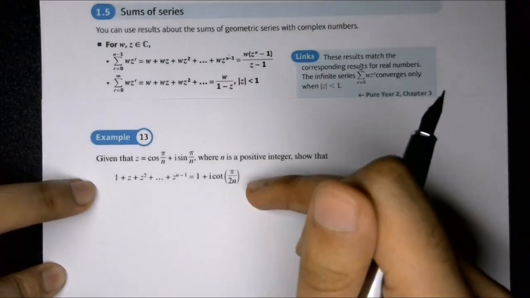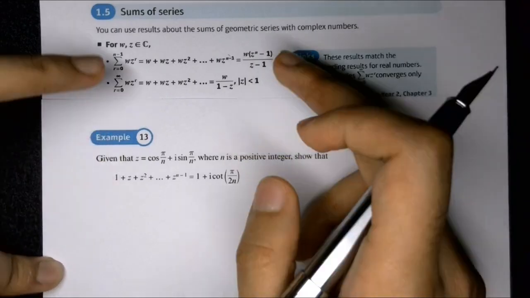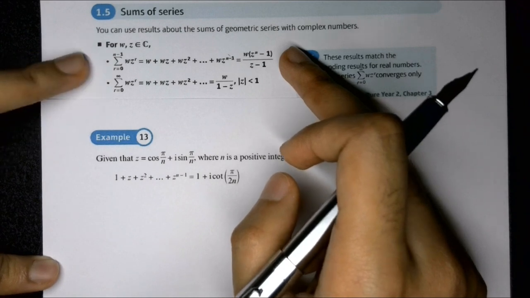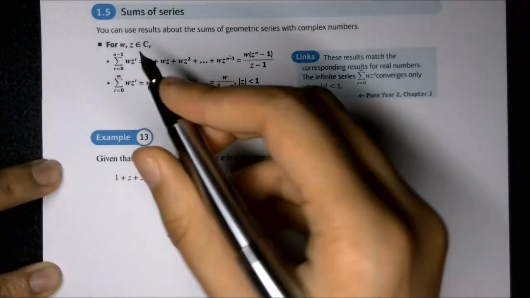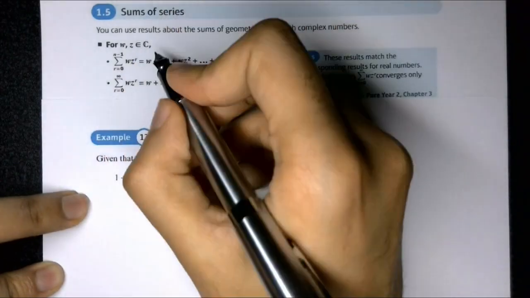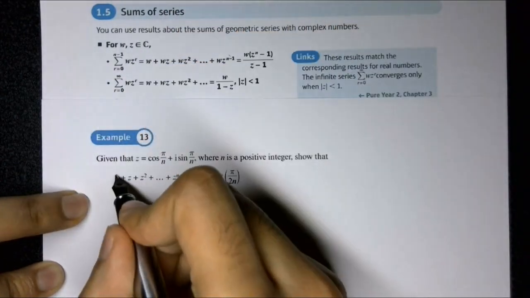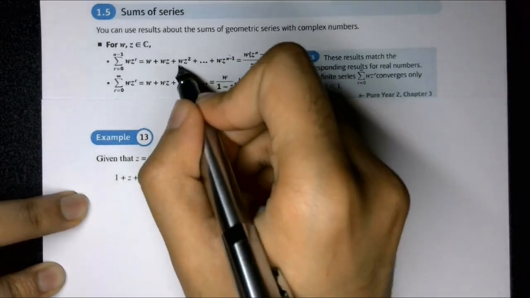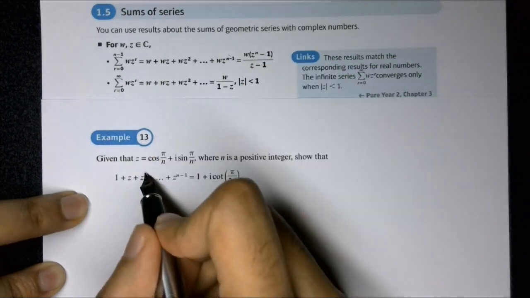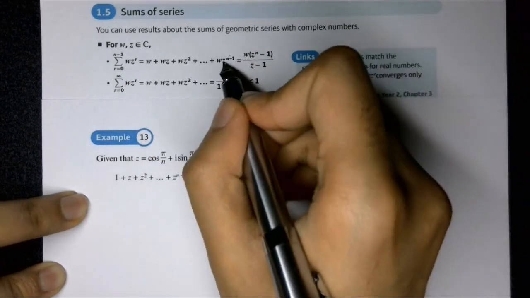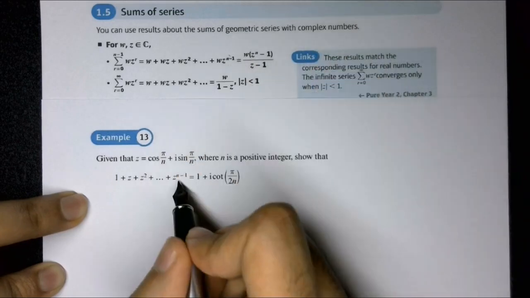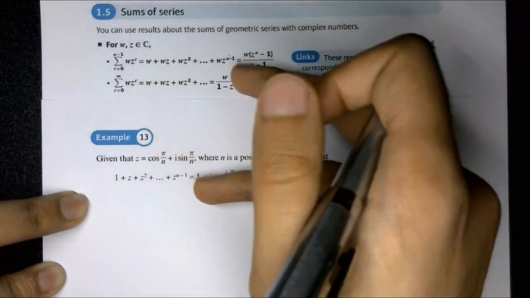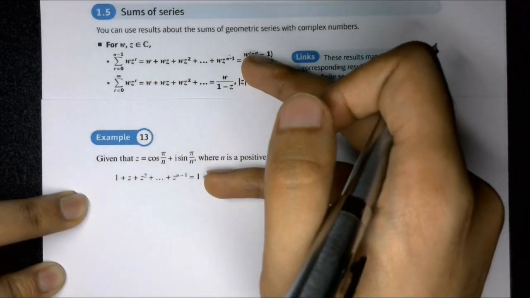Now if you compare what we have over here with what we have over here, hopefully you can see, if we compare each term, we've got the w here and we've got the 1 here. We've got a wz here and a z here. We've got a wz squared here and a z squared here. We've got a wz to the n minus 1, and here we've got a z to the n minus 1. Straight away you should be able to spot w is equal to 1.